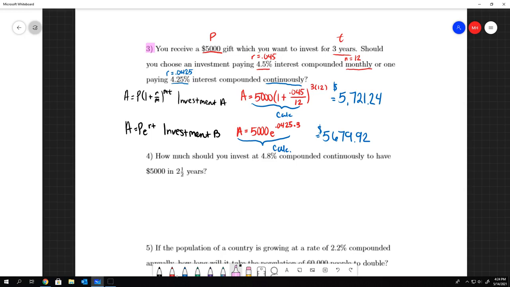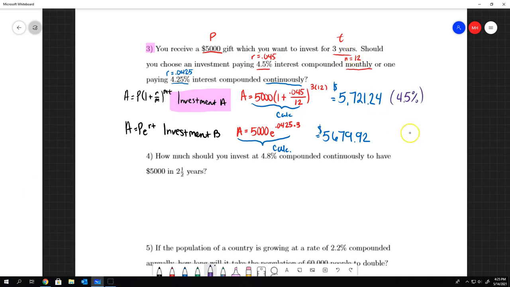But we made $41.33 more with investment A than investment B. So I would pick investment A, the one that has the rate of 4.5% interest. So this is the 4.5% interest, and that would be our answer.